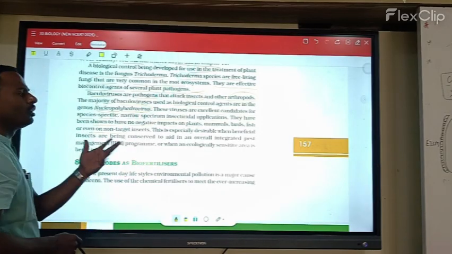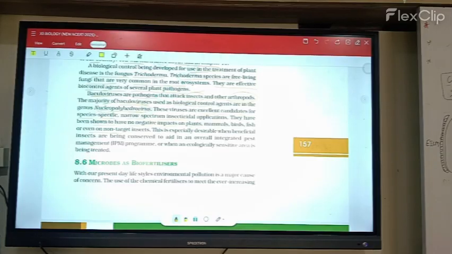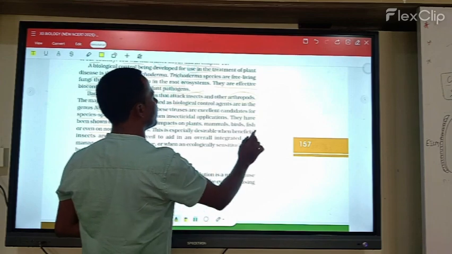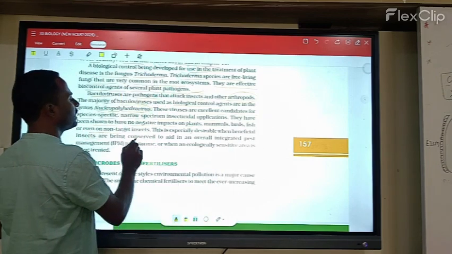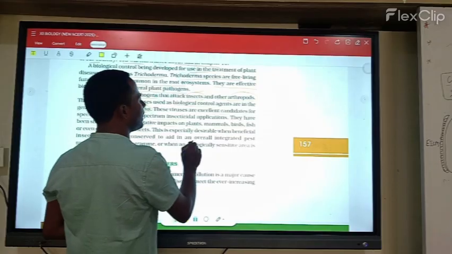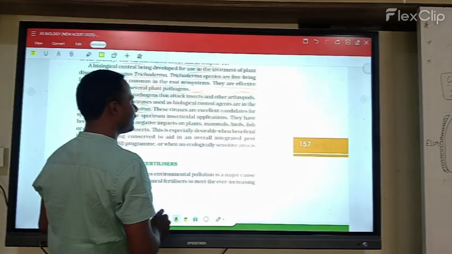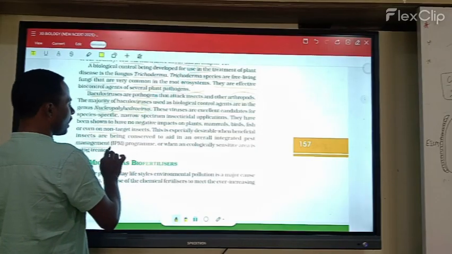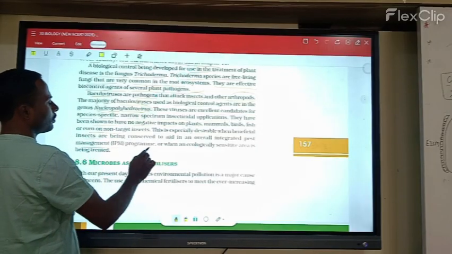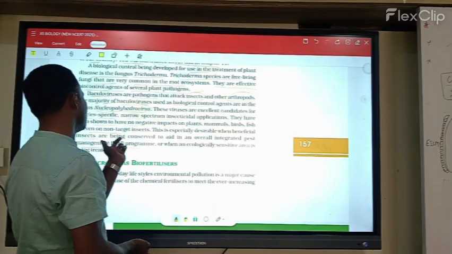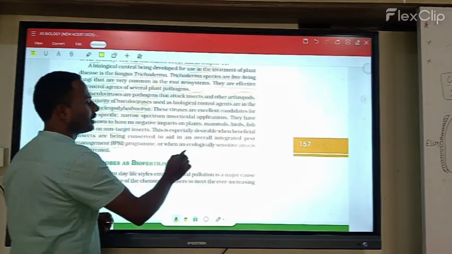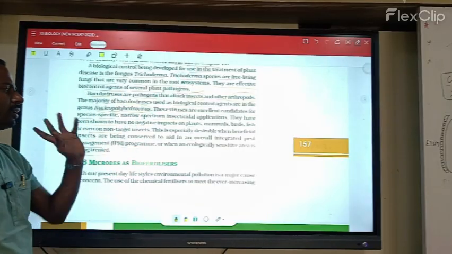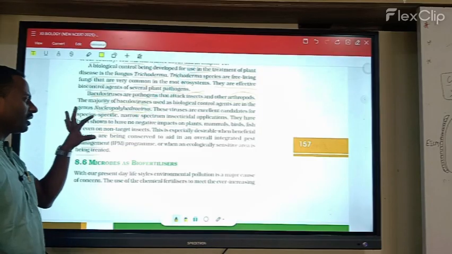They are especially desirable when beneficial insects need to be conserved, as they aid in overall integrated pest management, that is IPM, programs, where ecologically sensitive areas are being treated. So this whole process is used for ecological development purposes.